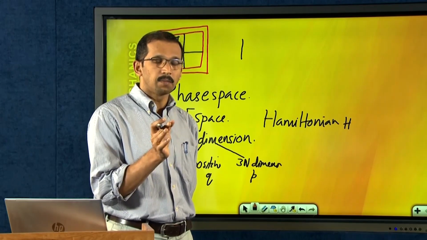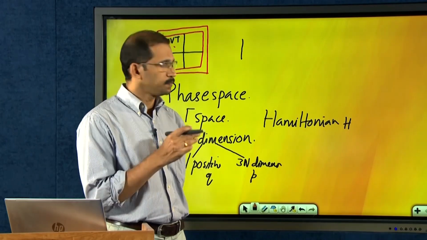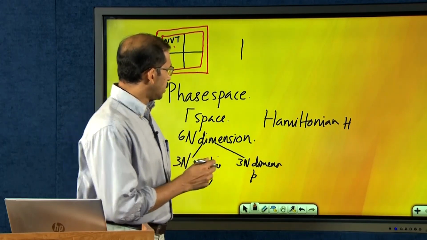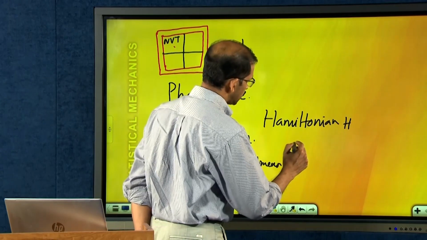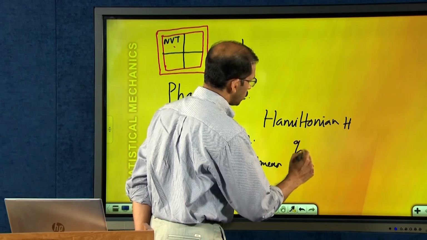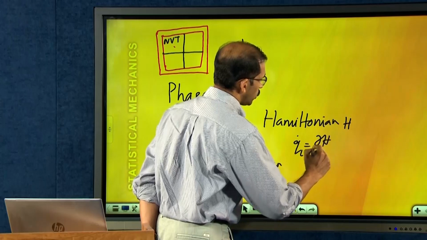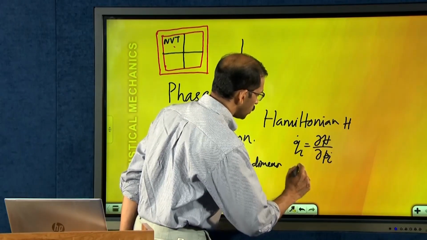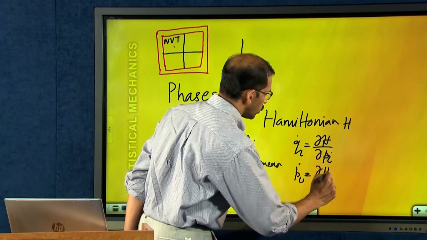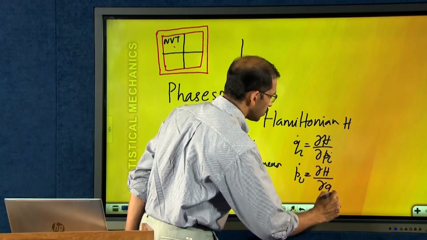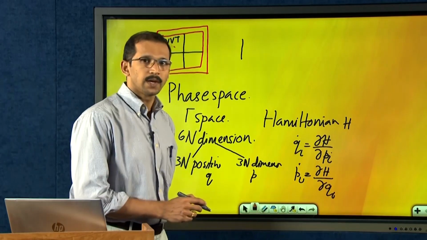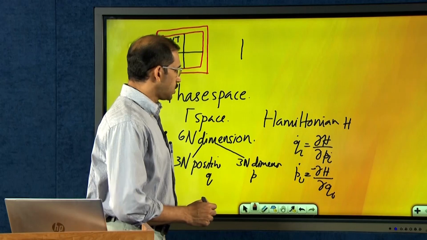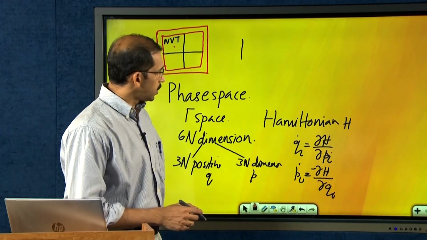And the expressions which we learned in classical mechanics were that qi dot is equal to dH by dpi, and pi dot is equal to minus dH by dqi.